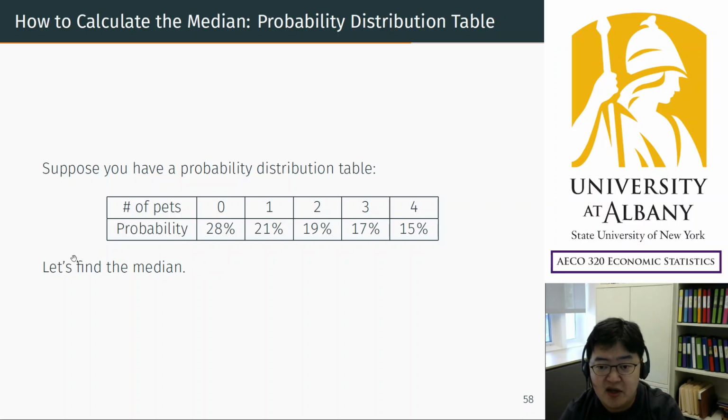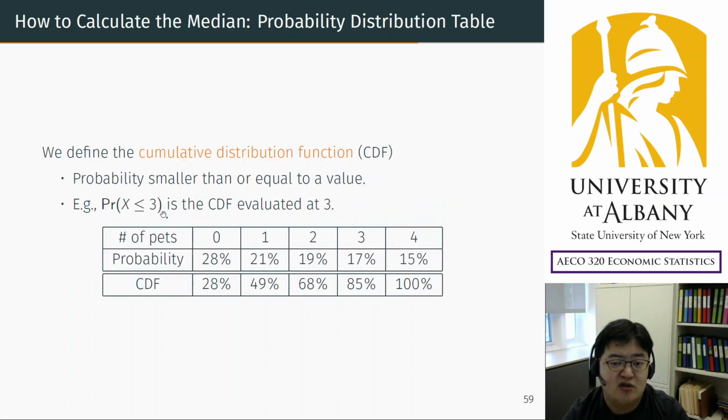Given the probability, again, you have to cut the sample into 50% and 50%. Let's see how we can do it. When you have raw data, you rearrange the observations in ascending order, from the smallest to the largest.